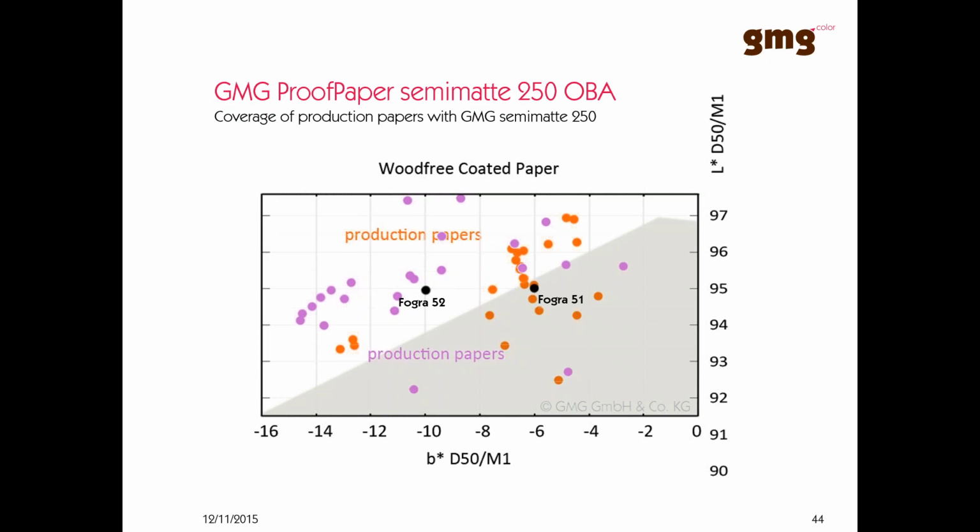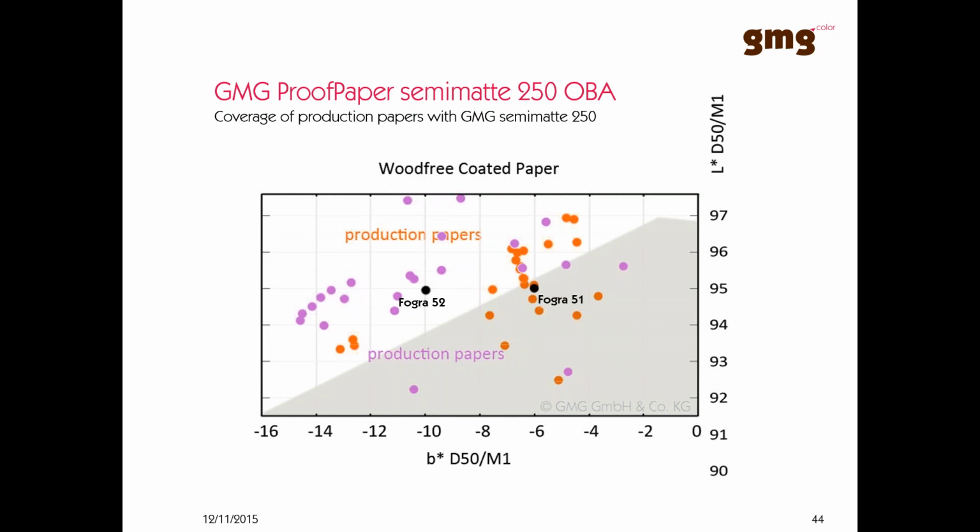That's what this pyramid shows. For every b I want to be more bluish, I lose something like 0.6 to 0.7 in L. This means that with this pyramid you can see that there are many papers that are just out of gamut. We cannot simulate all these points, all these printing substrate production papers that are outside of this gray pyramid.